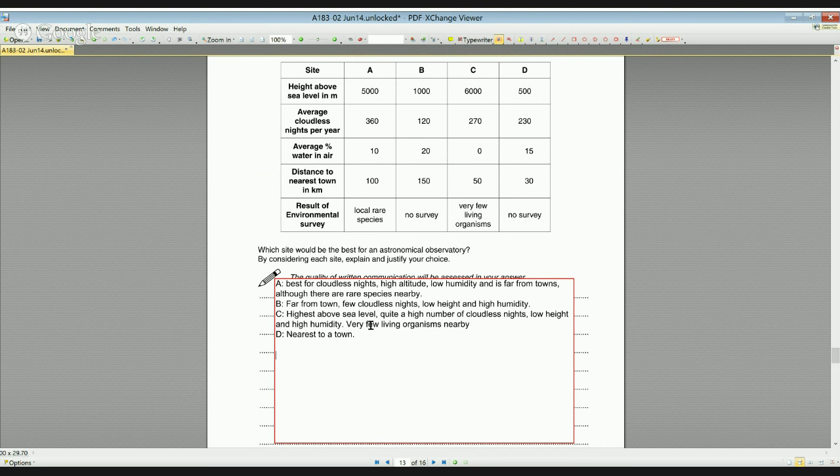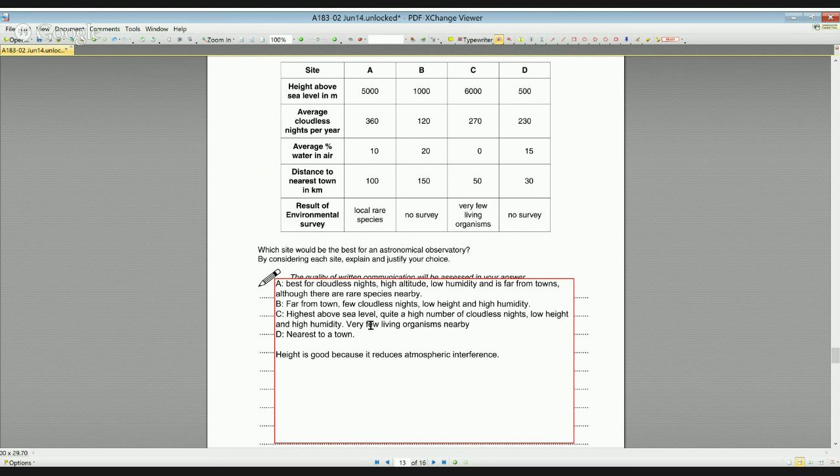So that's probably enough. That's not enough for a high level answer here, but what you do need to talk about is why some of these things are good. So height is good because it reduces atmospheric interference.